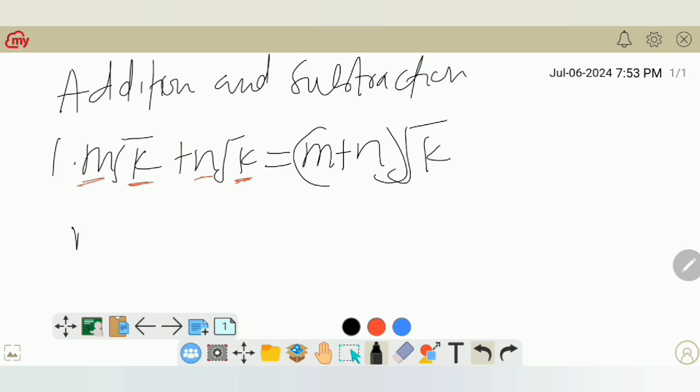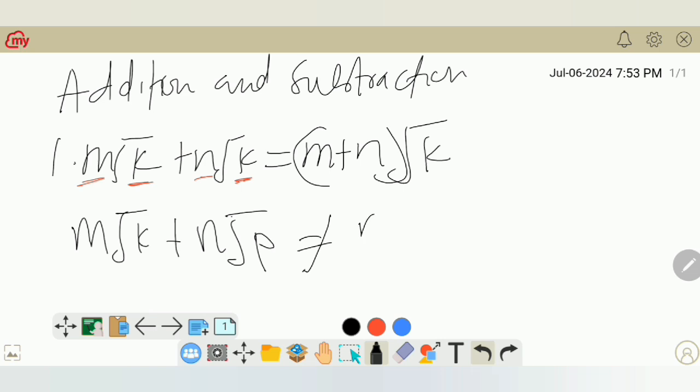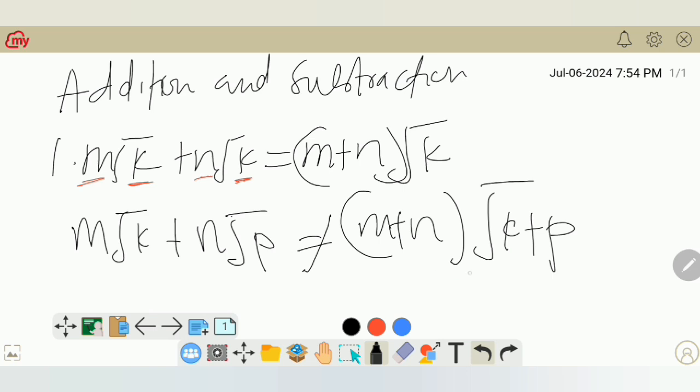Let's say this is m of root k plus n of root p. This is not equal to m plus n root of k plus p. It is wrong to do this because k and p are not alike.